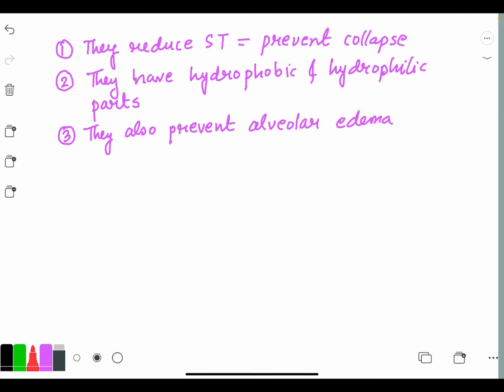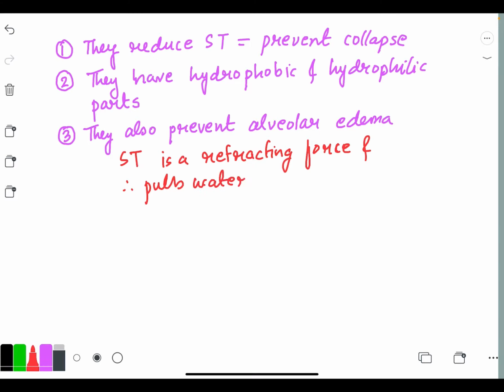Basically, we know that surface tension is a retracting force, and therefore it pulls water from capillaries into the alveoli.